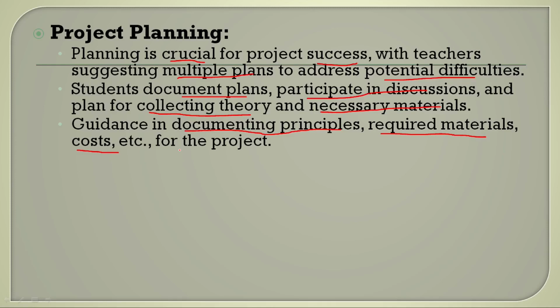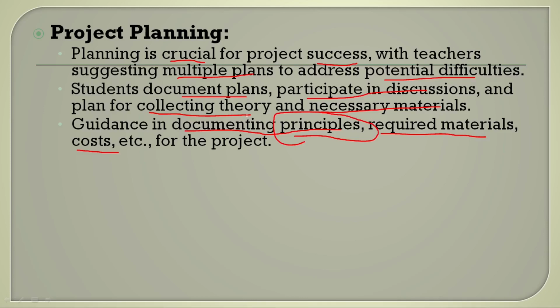For our example, we have chosen the construction of a motor and production of biofuel as projects. In this step, for the construction of a motor, they will plan for its working principles, the materials required, and the cost involved.